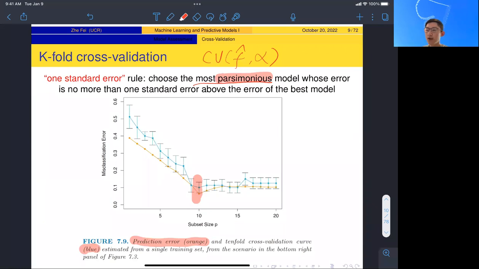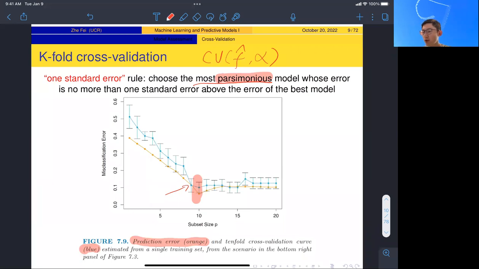However, we would value model parsimony. So if we look at a smaller model that is within one standard error, indicated by the bar here, then we would prefer the model to its left. The model to its left achieves very similar misclassification error, within the same bar, but it is a smaller model.